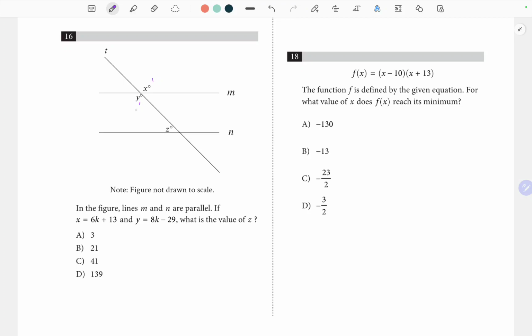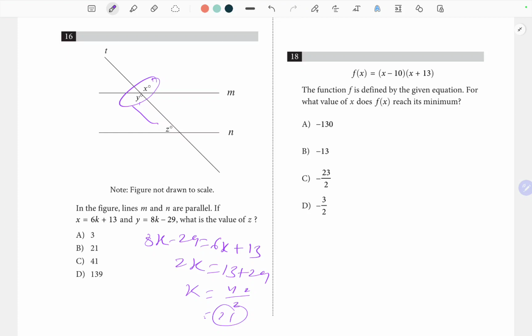These two angles are the same, and the sum of these two should be 180 degrees. So here x equals y, so 8k minus 29 equals 6k plus 13. 8k minus 6k is 2k, and 13 plus 29 is 42, so k is 42 over 2, which is 21.